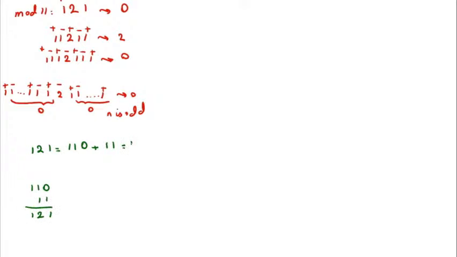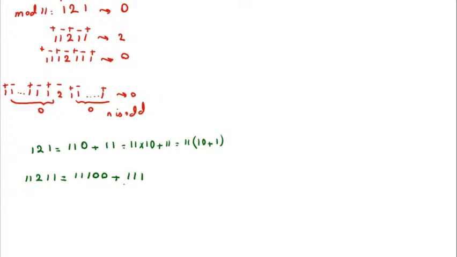So we will see the first one is 11 times 10 plus 11, which will be 11 times 10 plus something. Now let's consider 2 ones, 2, 1, 1. Again, it will be 1, 1. Let me write here 1, 1, 1, 0, 0 plus 1, 1, 1.